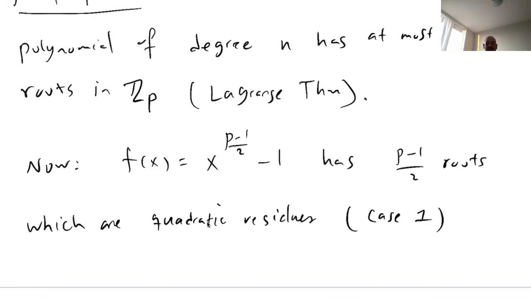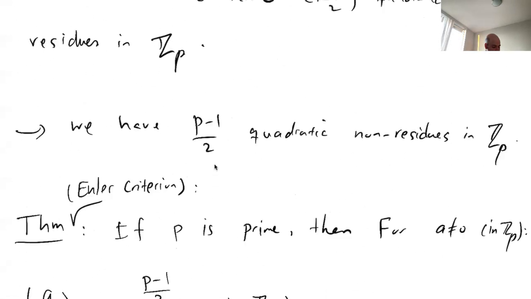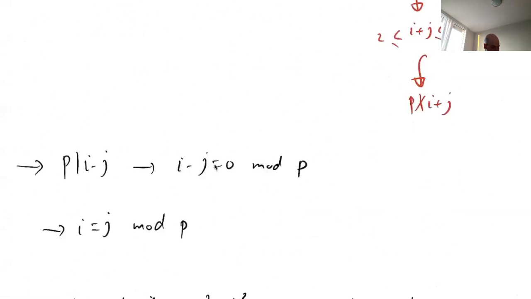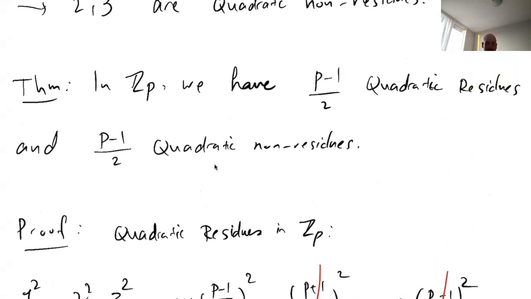In case 1, we showed that every number which is a quadratic residue is a root of this function. But how many quadratic residues do we have in total? The theorem before this theorem, we showed that we have exactly (p minus 1) over 2 quadratic residues.